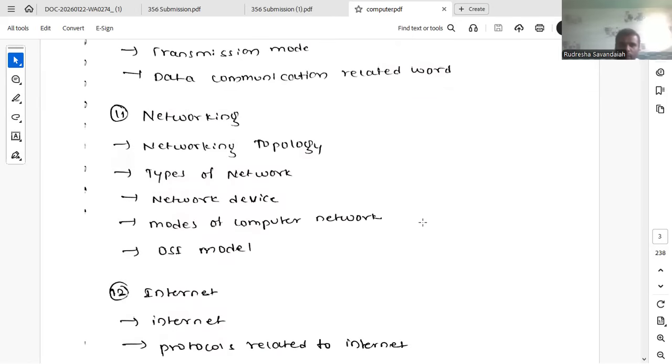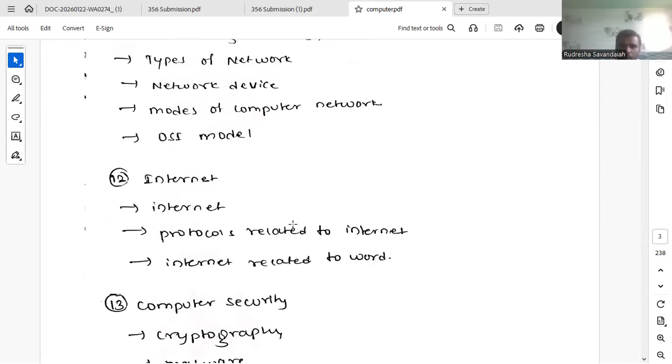Next, I will go for networking. Networking topology, types of network device, mode of computer network, and OSI model.